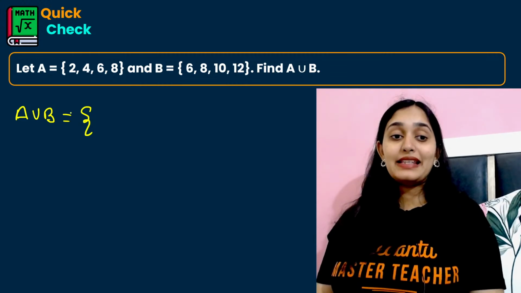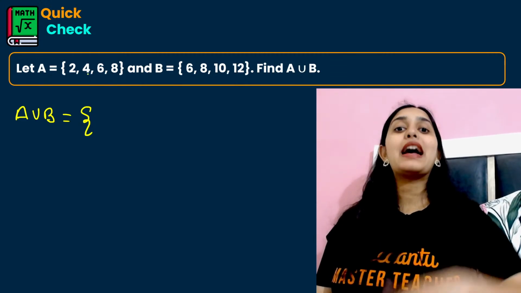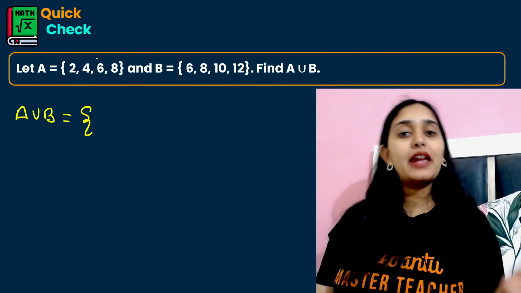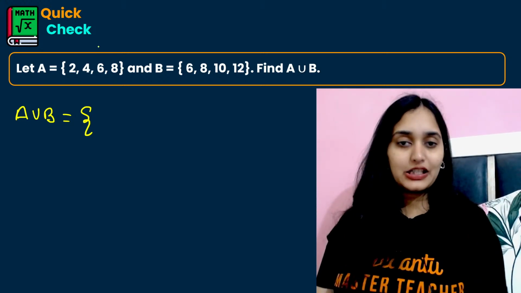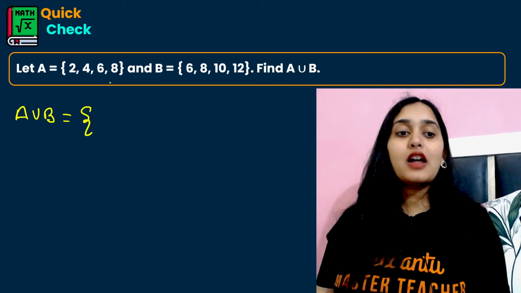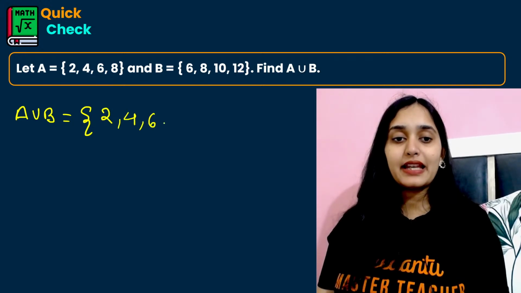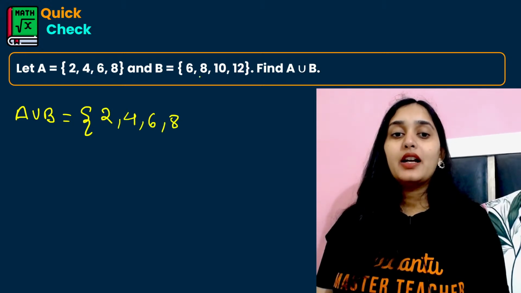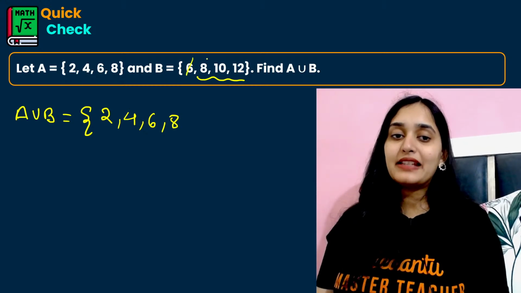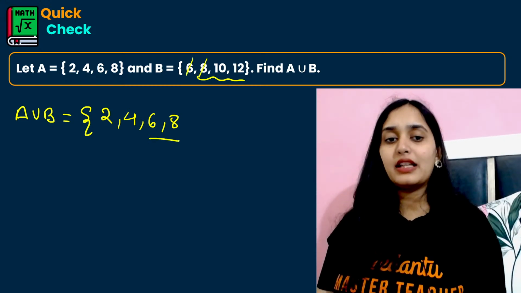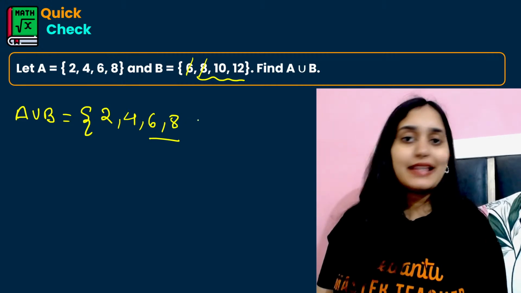So what did I say? A union B is basically either it should contain element of A or B or both. So let's first write down the elements of A. 2, 4, 6, 8. Then in B we have 6 and 8. They are same already here, so we will not write them again.